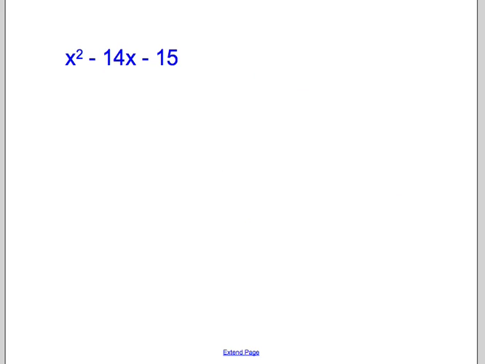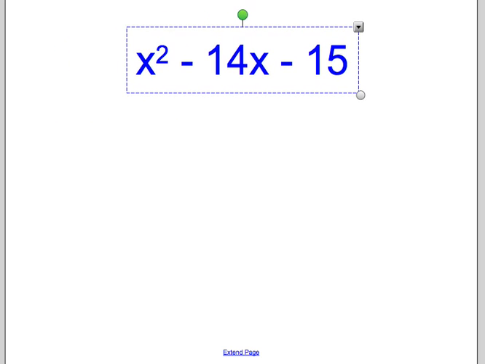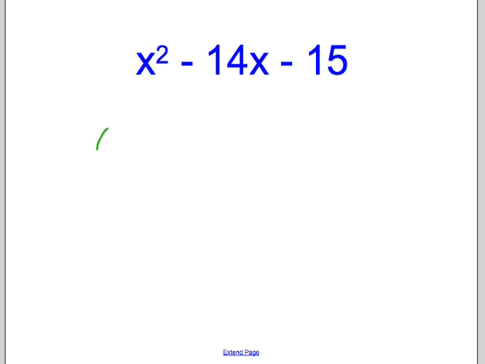So we're taking this, and we're going to factor it. That's what we call factoring it down. We're factoring a trinomial. And the result of factoring a trinomial is always going to look like this.